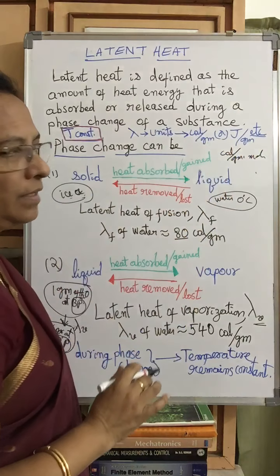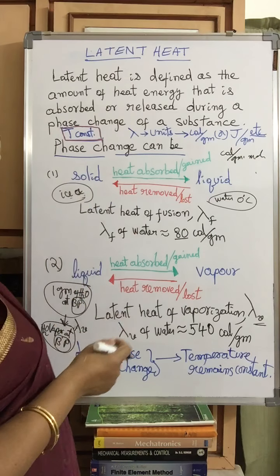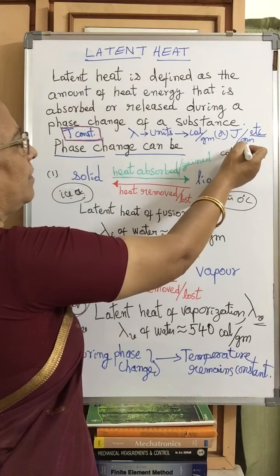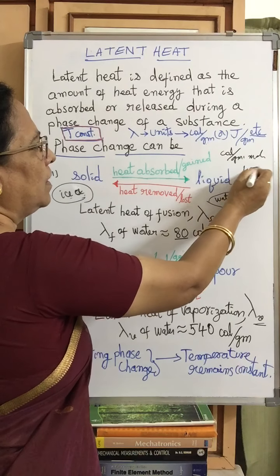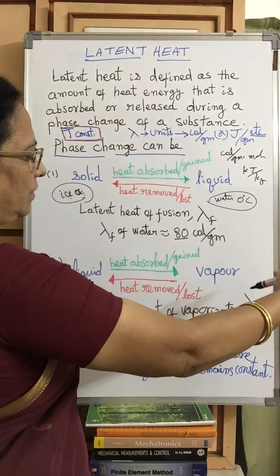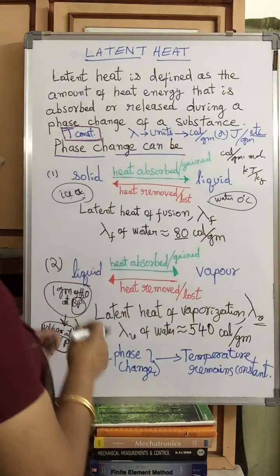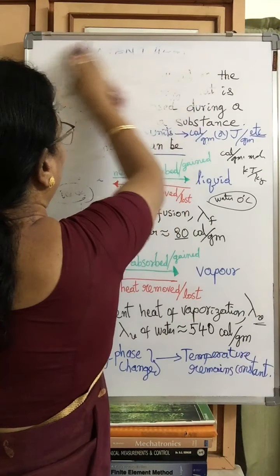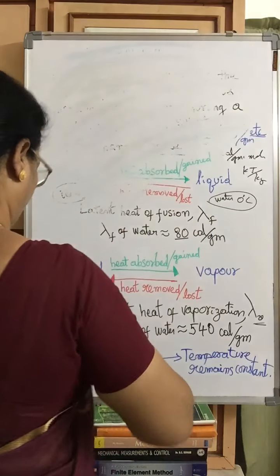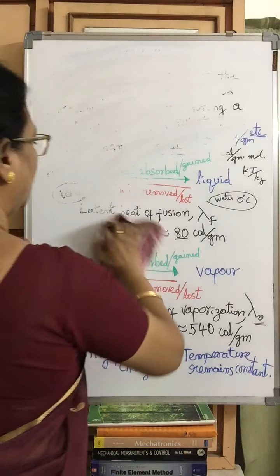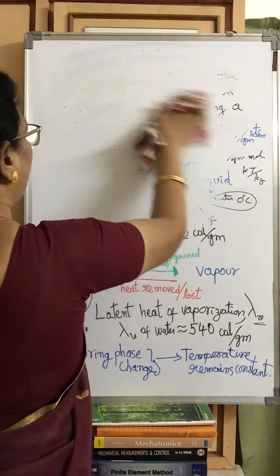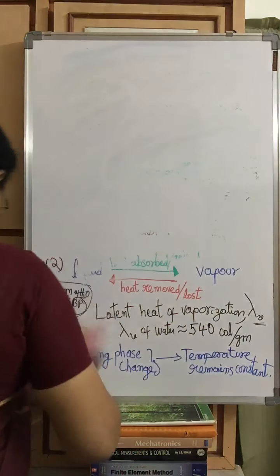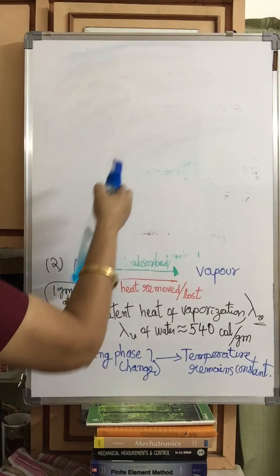These values are available in literature, so calories per gram or joules per gram or kilojoules per kg and so on. Now we will see a small example: how to calculate the quantity of heat energy that is to be supplied.